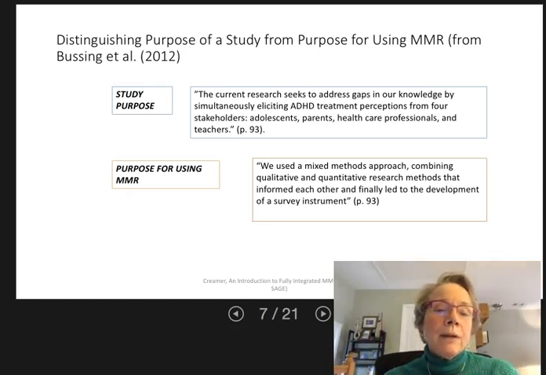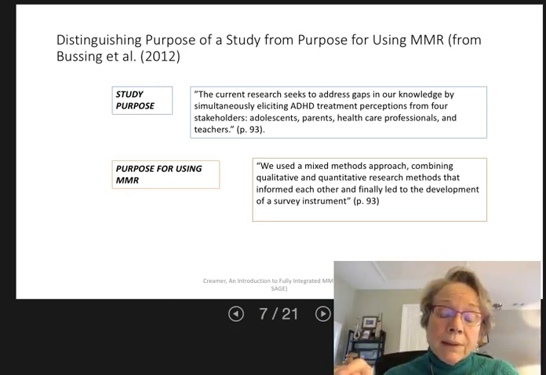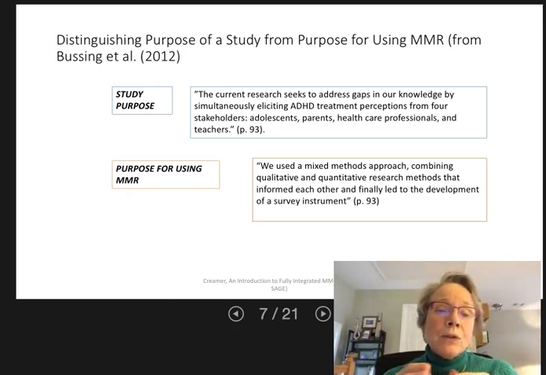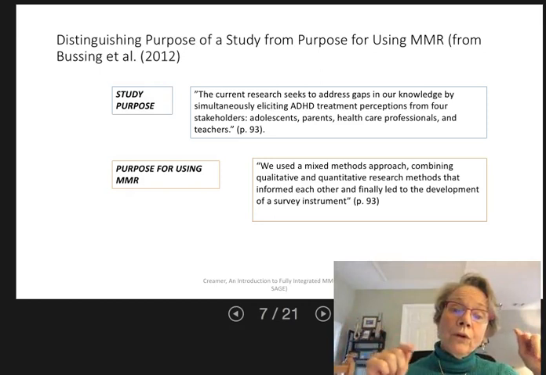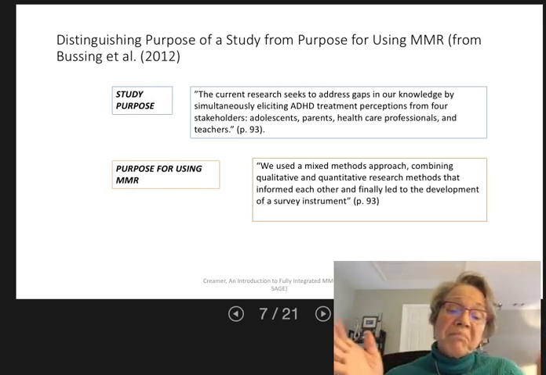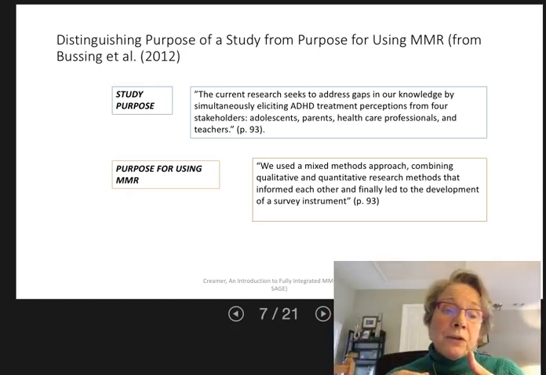But if you go down into their purpose for using mixed methods, their purpose is to combine qualitative and quantitative research methods that informed each other to develop an instrument. So see, if you judged it on the purpose, you'd say, aha, multi-level expansion, easy. No, when you look at their purpose for mixing, they're just doing it to develop an instrument, and therefore it's really better categorized as a development design.